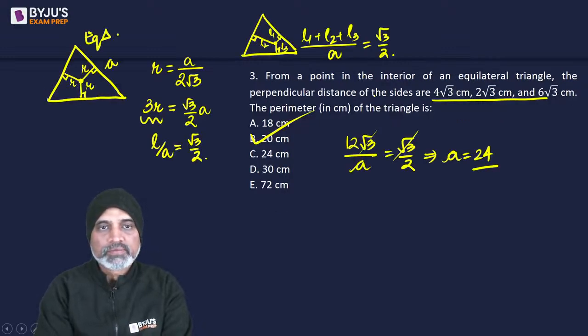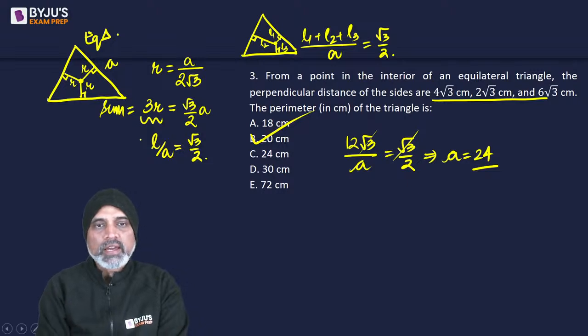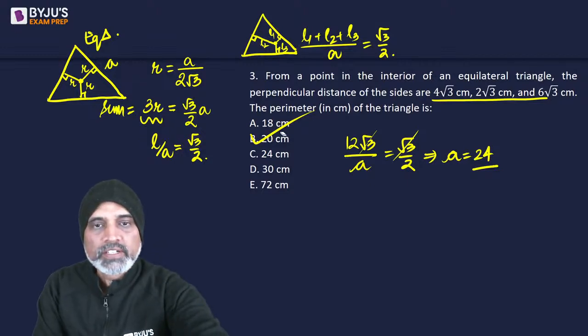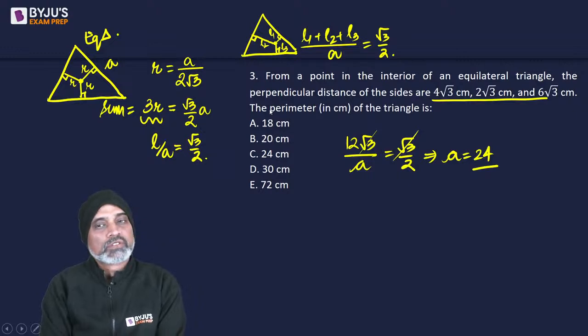Hold on. R, 3R, so the sum will be 3R, and this is root 3 by 2. Where did I take 20? Is it the sum of the squares? No. Hold on, hold on.